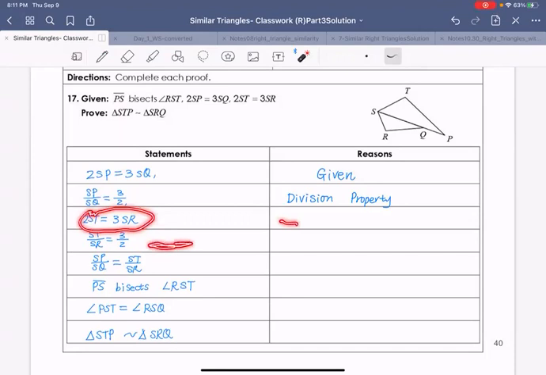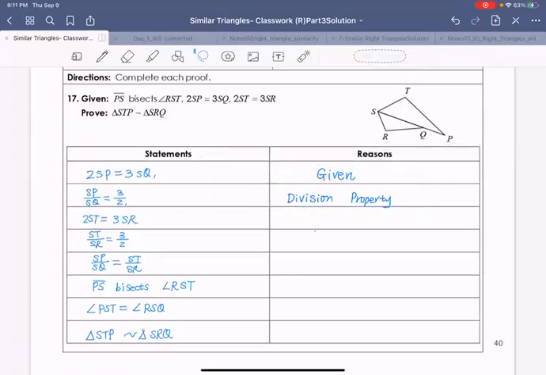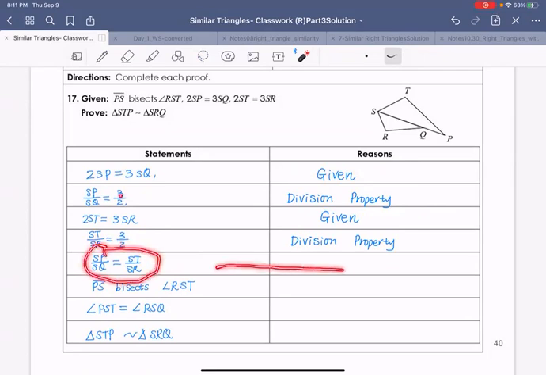This one, division property. Yes. Copy it down, okay? There. Now, what do we do? 3/2 equals 3/2. So this is because transitive. Very good.